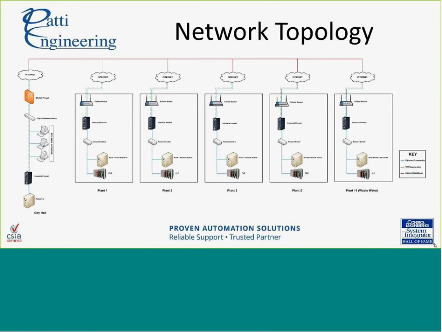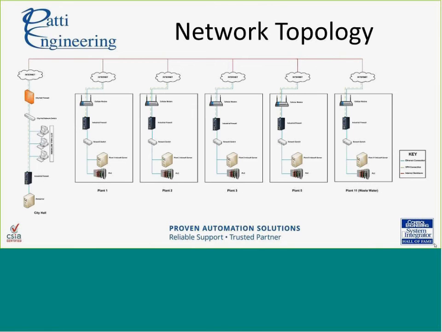And back in City Hall, on their network, we put another firewall VPN appliance with our web server sitting behind it. Then we set up VPN tunnels from each plant back through City Hall's main firewall down to our firewall appliance.